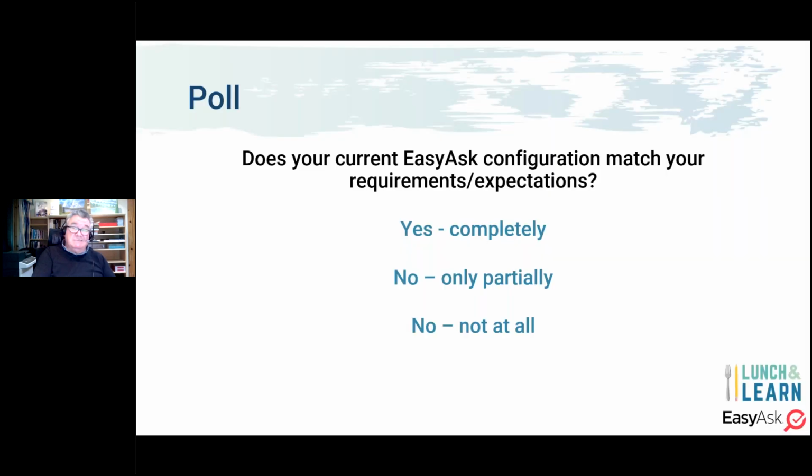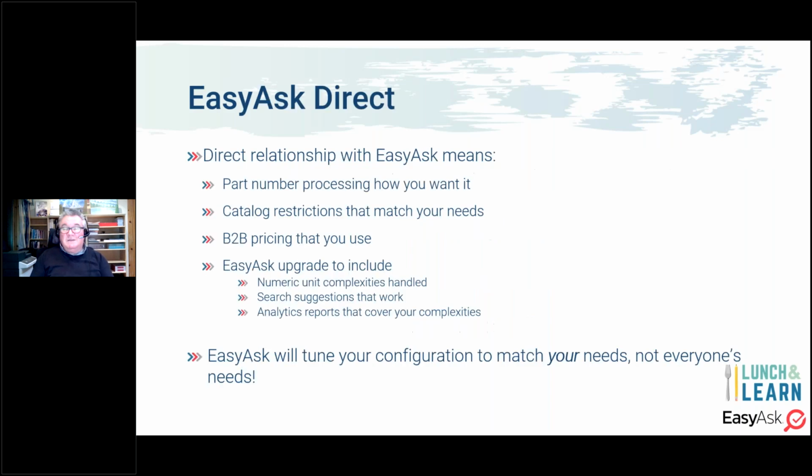Just because you've all probably got a default configuration, and not everybody is a default customer. One of the benefits of working directly with us is that we can configure the system to match how you do things.